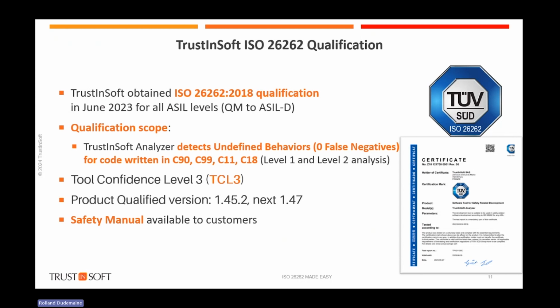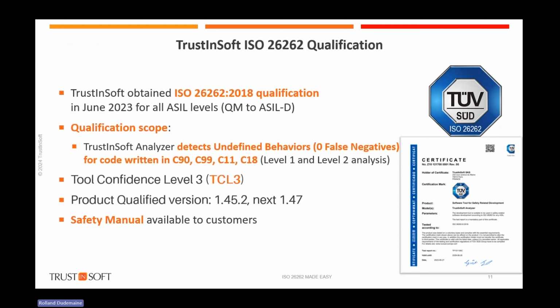Even though it is a verification tool, and you could consider that you only need TCL2, which is the median level for compliance in the standard, you can actually consider it as reliable or more reliable at the highest level, similar to a compiler, similar to other tools that will produce a strong effect on your target.